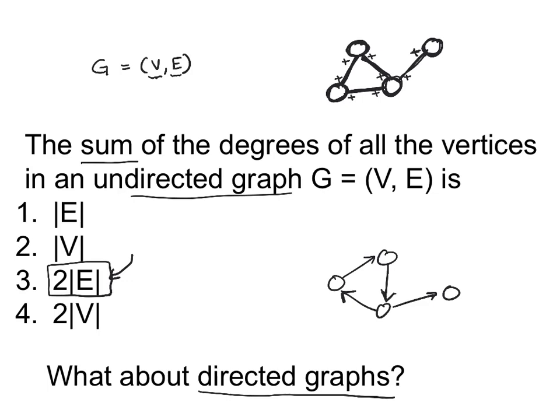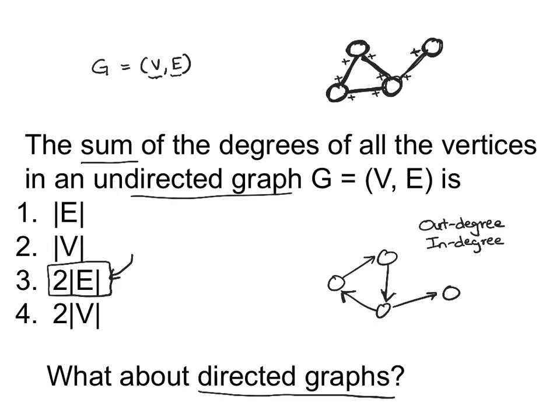So there are actually two notions of degrees in case of directed graph. There's something called an out degree, which is the number of edges that are going out of a vertex. That's the out degree of the vertex. And the in degree of a vertex is the number of edges that are coming into the vertex.